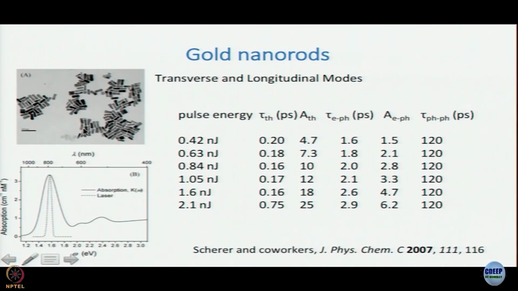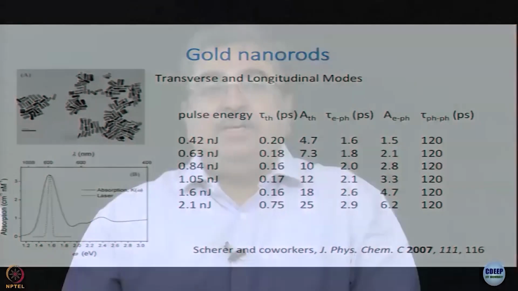Now, what Scherer's group did was not just regular pump probe spectroscopy, but they used heterodyne detection. We will come back and talk a little bit about heterodyne detection when we talk about surface sum frequency generation later. But let me just tell you now that when you do heterodyne detection, you can get to know not only about the intensity, but also about the field.